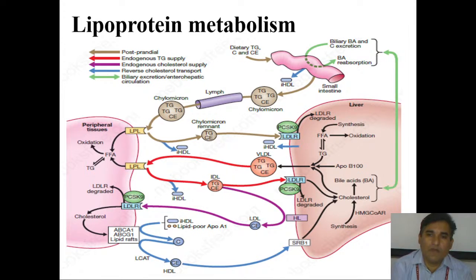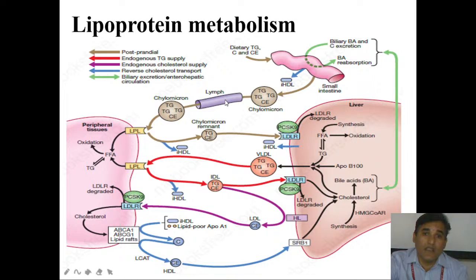When you see the normal metabolism of the lipoproteins, these are the bile. Bile is also cholesterol which gets released into the GIT, and by the enterohepatic circulation it enters into the liver and is further responsible for the synthesis and turnover of the other cholesterols, and this liver directly releases the bile into the GIT. Whatever the dietary cholesterol is there, after digestion it gets converted into chylomicron.